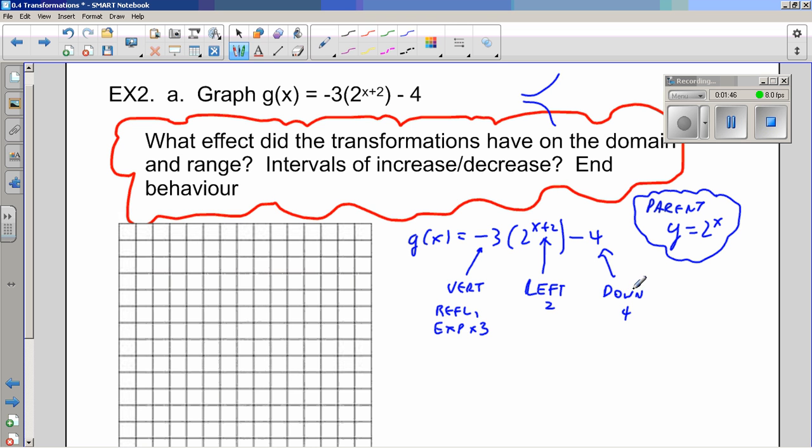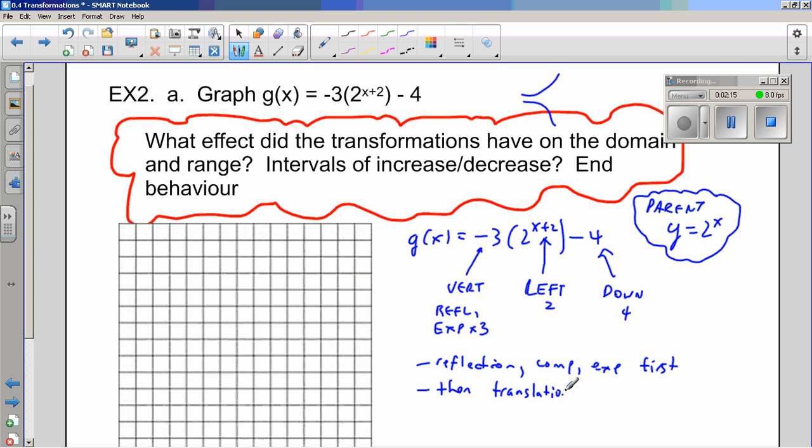And what we're going to do is we're going to do the basic graph, and then we're going to do our reflections, compressions, and expansions first. Usually expansions first, then what we call the translations, the moves up, down, left, or right.